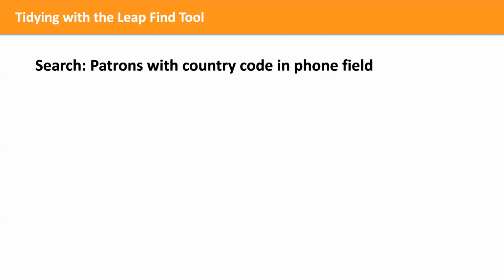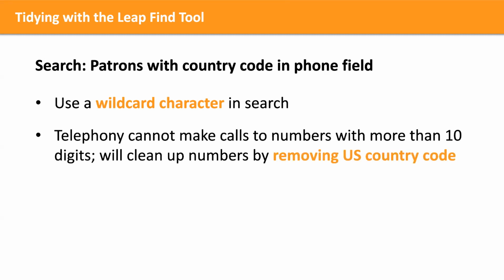And then for our final example, I want to demonstrate how you can use one of the Leap wildcard characters in the Find tool to aid with data cleanup. So here we're going to use the Find tool to locate patrons with a US country code in their phone numbers.